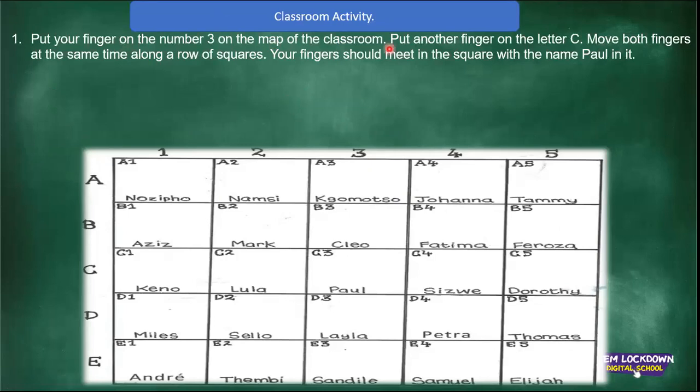Put another finger on C. Move both your fingers at the same time along a row of squares. Your fingers should meet in the square with the name Paul in it. I want you to tell me that you have found it. We have Michaela.